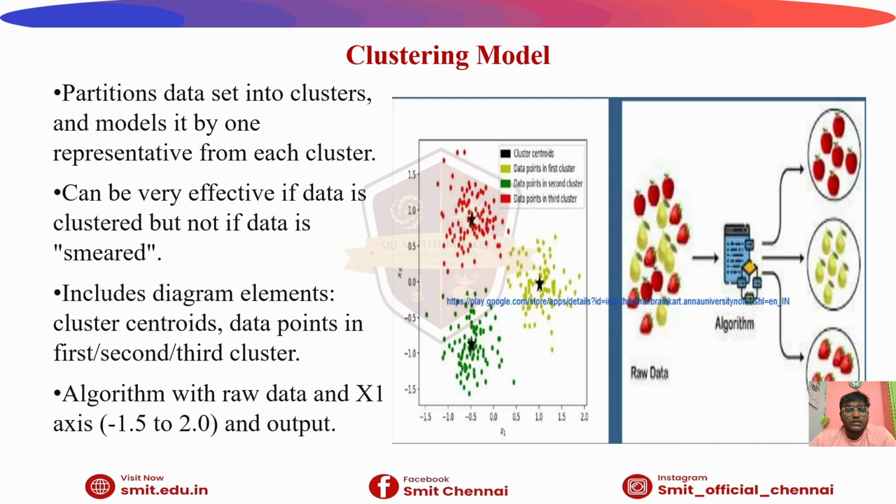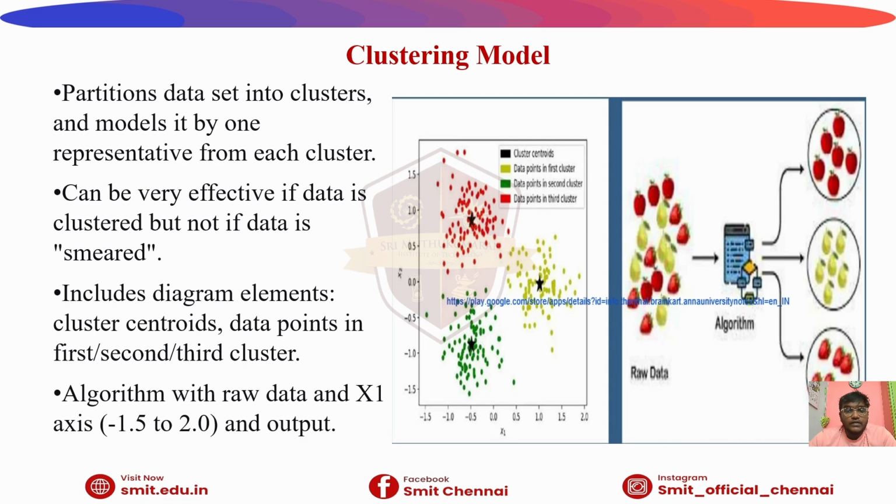Then we will see about the clustering model. A clustering model partitions a data set into groups called clusters, where items in the same cluster are similar to each other. Each cluster is represented by a centroid, the center point of that cluster. When it works, the data naturally forms distinct groups or clusters.